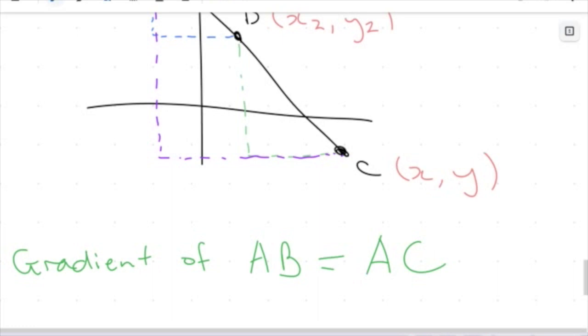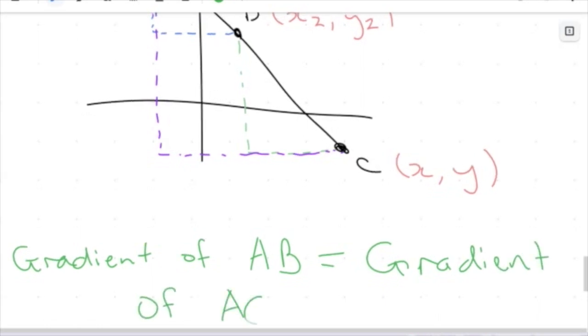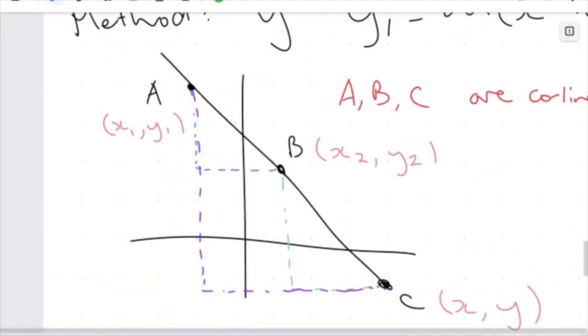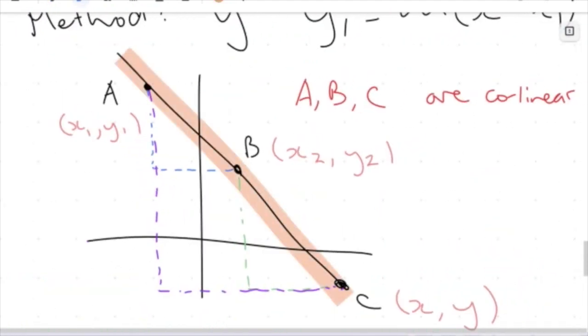Now, let's write that in full words. So the gradient of AC. These two gradients are equal. Why do we know that? Because on a line, the gradient is always constant. We always have this constant slope here.